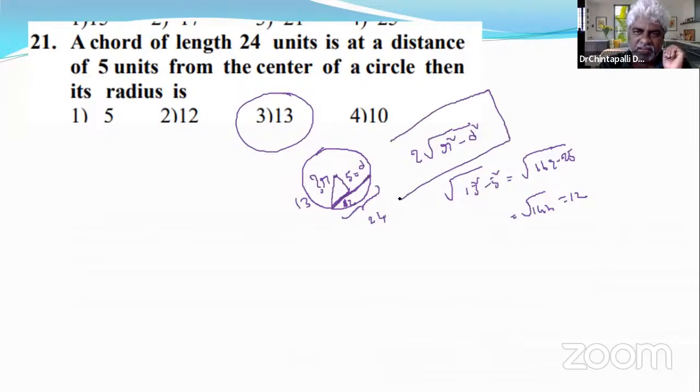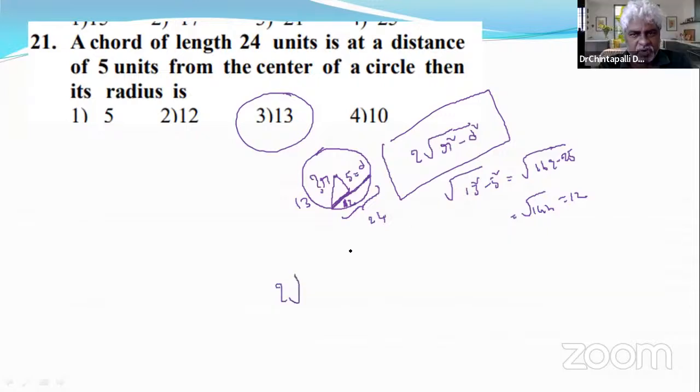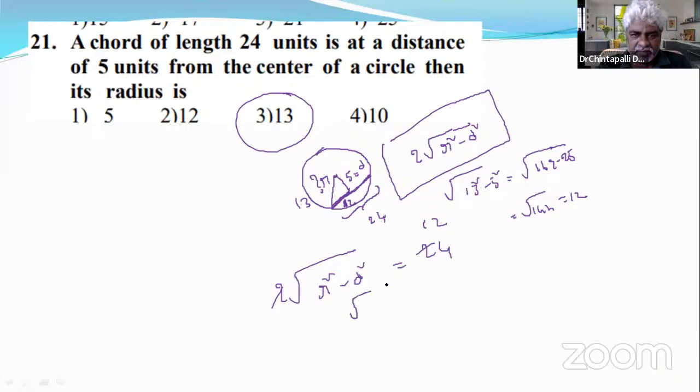So the formula for the length of a chord is 2 times root of r square minus d square. Here the length of the chord is given as 24, and d is given as 5. So 2 root of r square minus 25 is equal to 24, which gives root of r square minus 25 equal to 12.